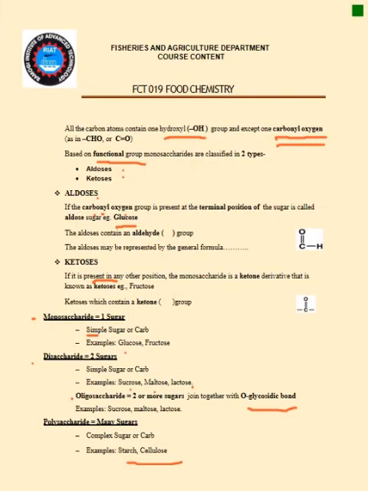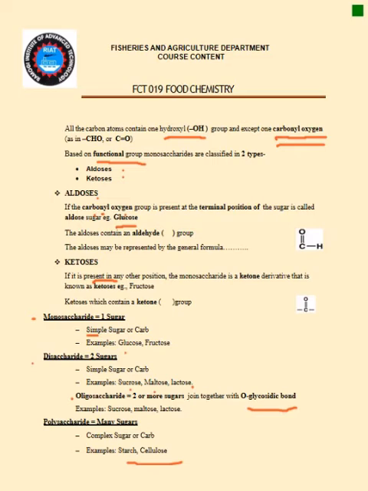To begin with, it is important to note that these monosaccharides may have a hydroxyl group, OH, in their structure, and sometimes they can also have a carbonyl oxygen, the C=O, in their structure.